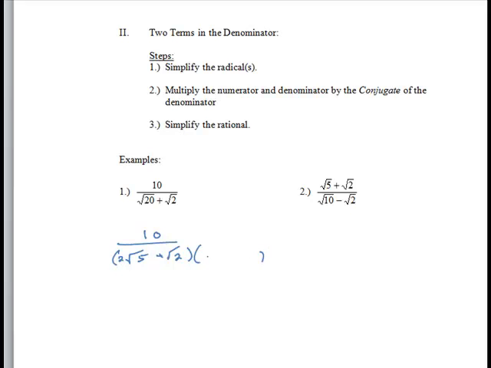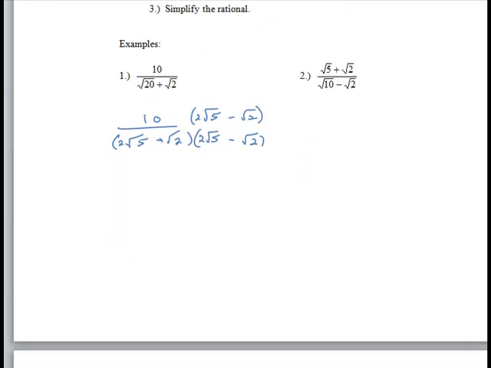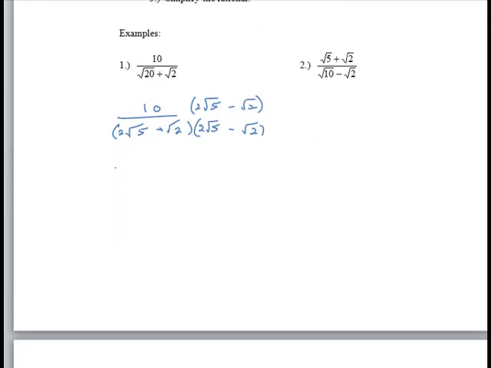The conjugate of the denominator is going to be 2 square root of 5 minus square root of 2. You just take the opposite sign, and of course whatever you do to the denominator, you have to do to the numerator. So the numerator, distribute that 10, gives us 20 square root of 5 minus 10 square root of 2.